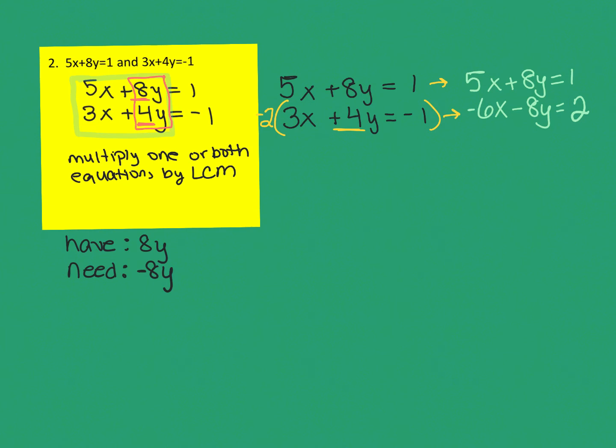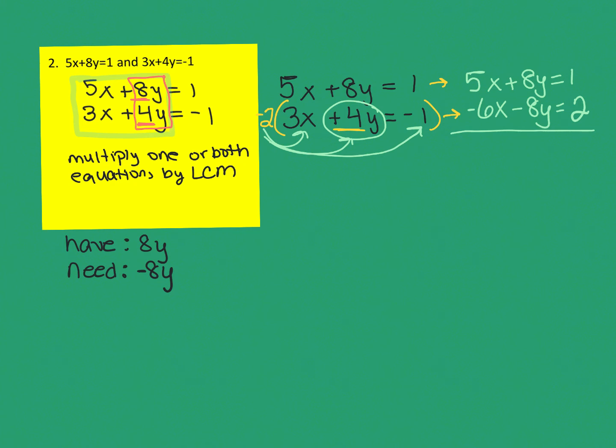So this negative 2, in order to change this value, multiplies to all of these terms. So negative 2 times 3x, negative 2 times 4y, negative 2 times negative 1. And now we can add those together.